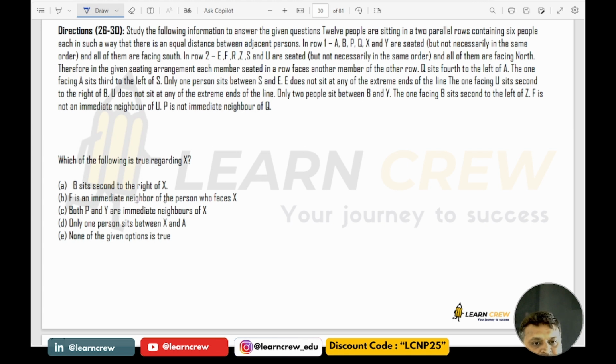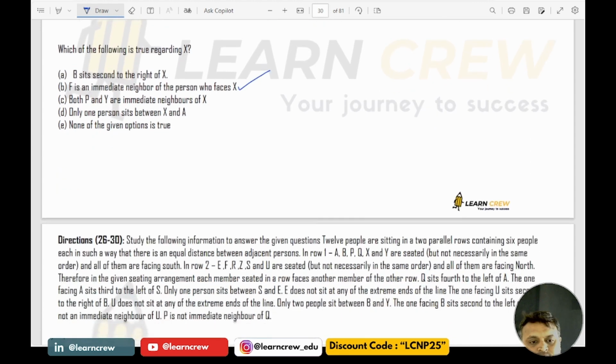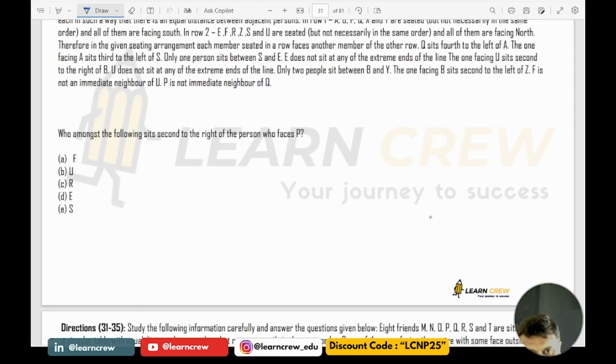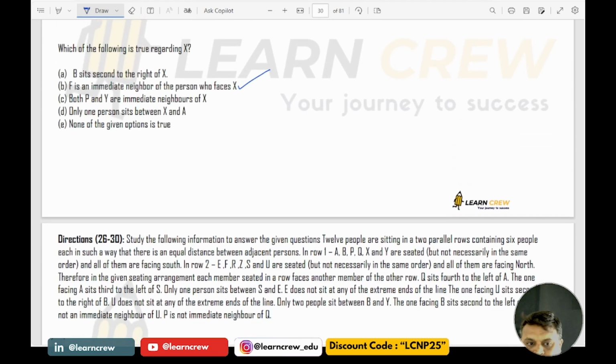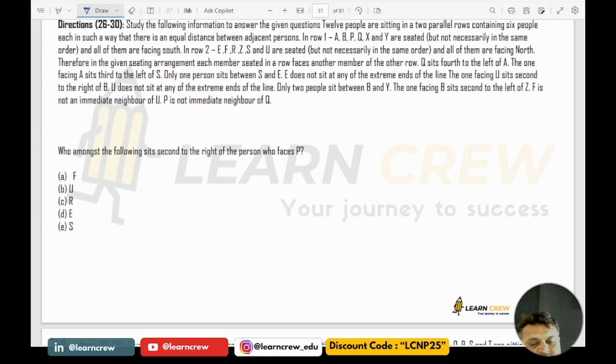F is an immediate neighbor of the person who faces X. Next, who among the following is second to the right of the person who faces P? Who faces P? U. To his second right is S.